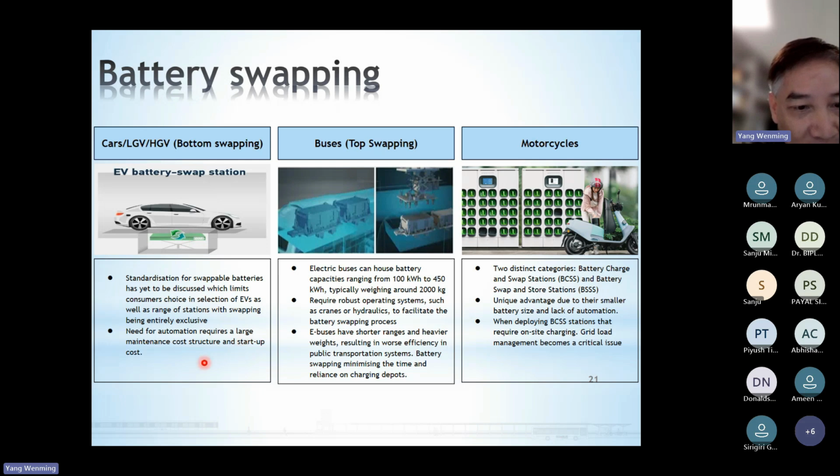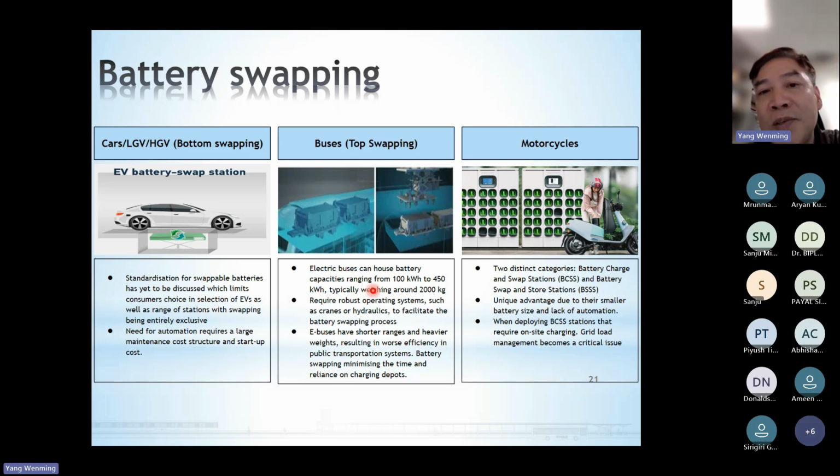This kind of battery swap for cars is actually not so convenient. It needs automation, requires a large maintenance cost structure, and the startup cost is also very expensive. The next one is the bus.